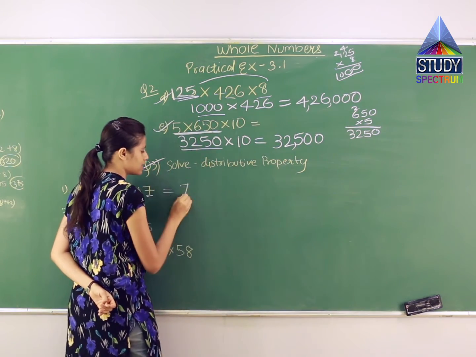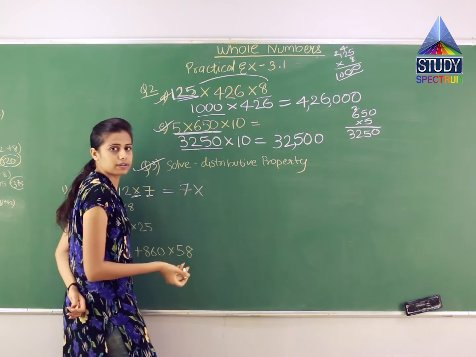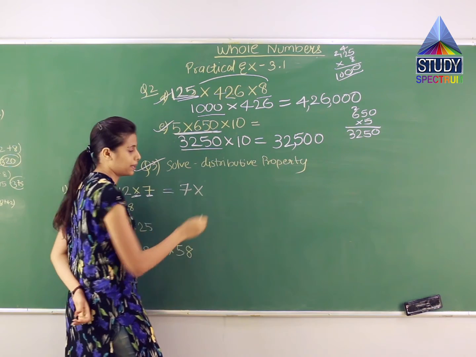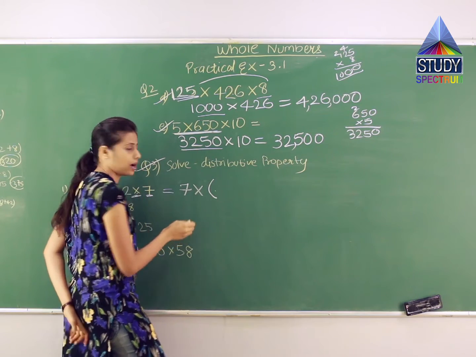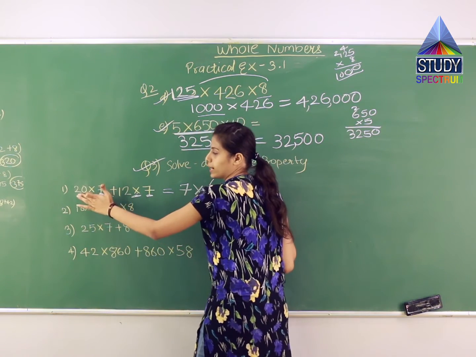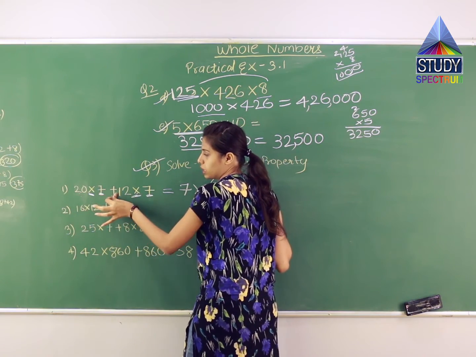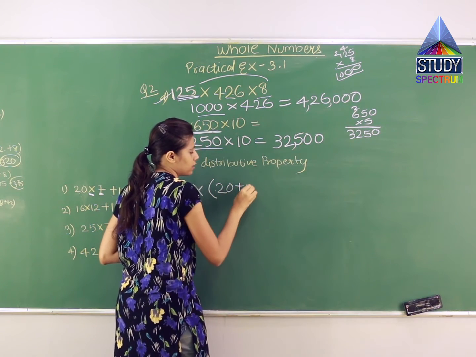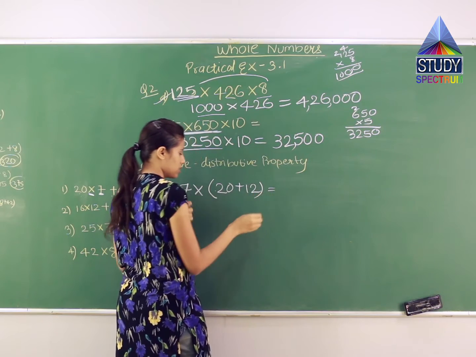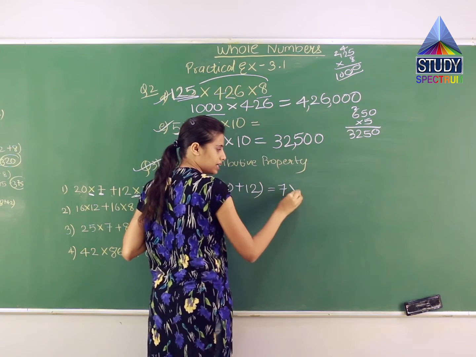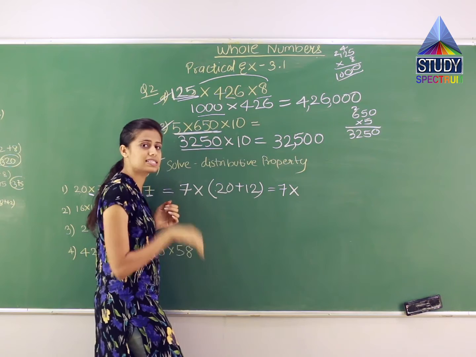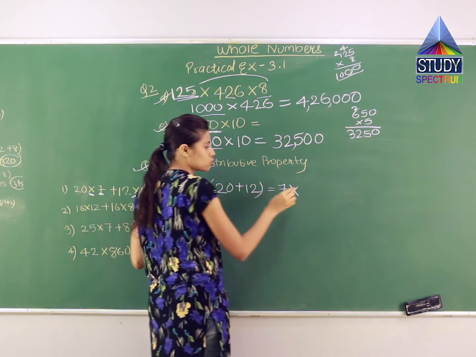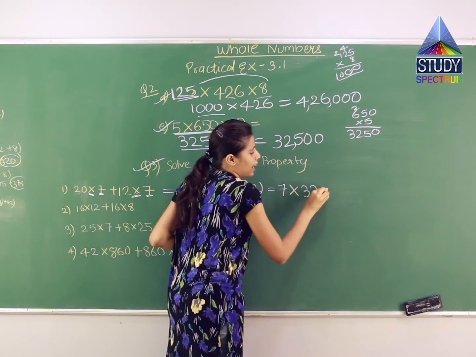What I will write? 7 multiplied, inside the bracket. Why? Because this is repeating. Then inside the bracket what will come? Look, what is not repeating? 20 is not repeating, plus is not repeating and 12 is not repeating. So I'll write 20 plus 12, which give me how much? 7 multiplied by, I'll solve this because it is inside the bracket. So 20 plus 12 gives me 32.